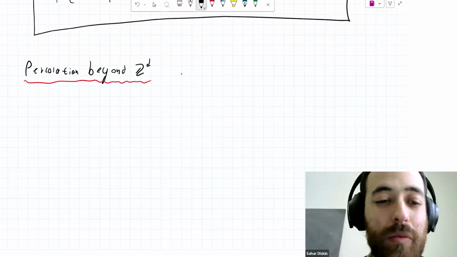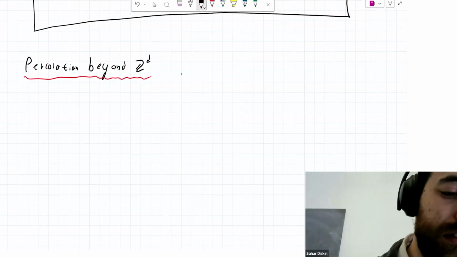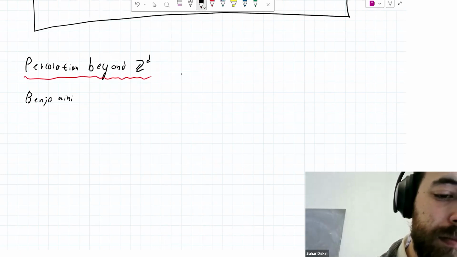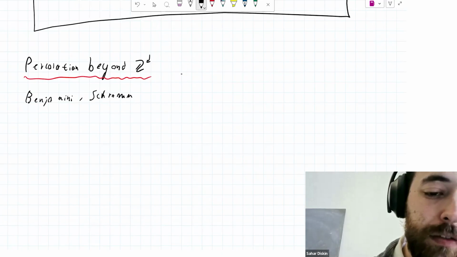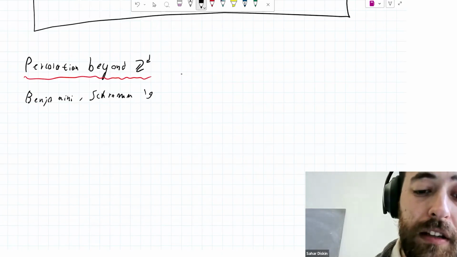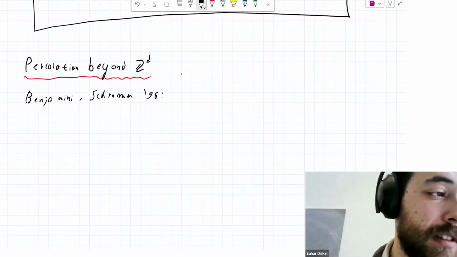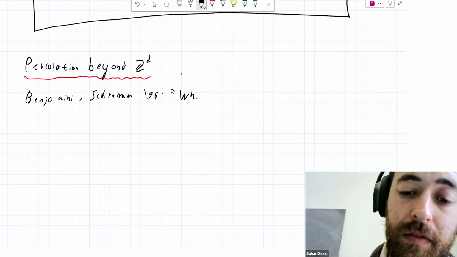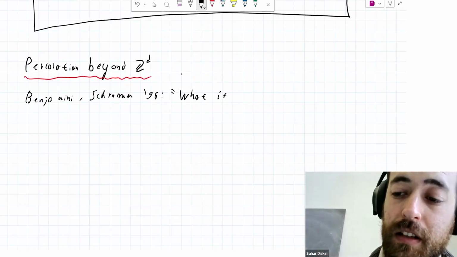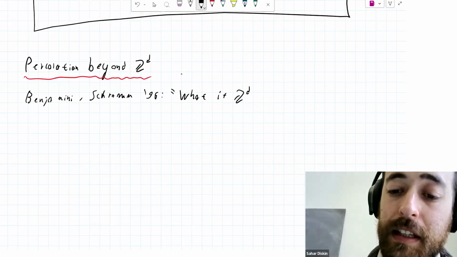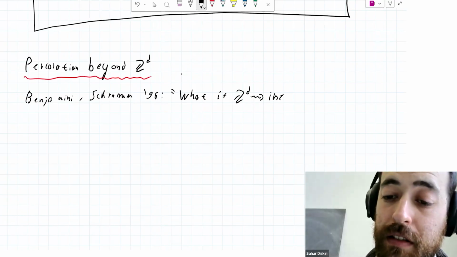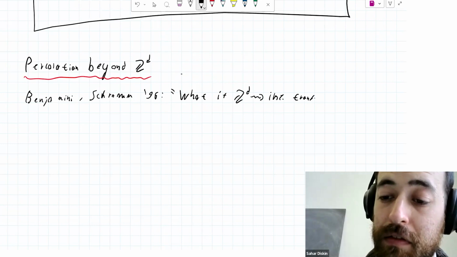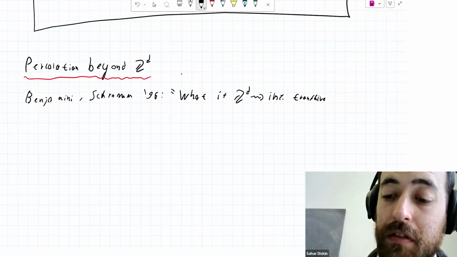Essentially what they asked, Benjamini and Schramm, they asked the following question in 1996: what happens if we replace Z^d with some general infinite transitive graph?